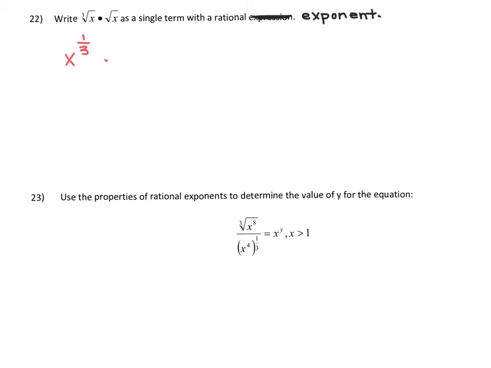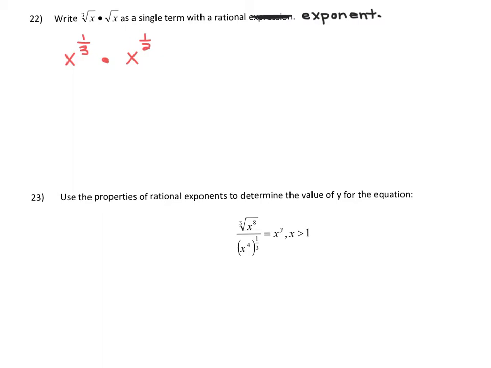Okay, and now if we look at the second term here, this says the square root of x to the first power. So that means we could rewrite this as x to the 1/2 power, right? Using power over root, we put the root here and the power here. So this is the square root of x to the first power. That's what our original expression said.